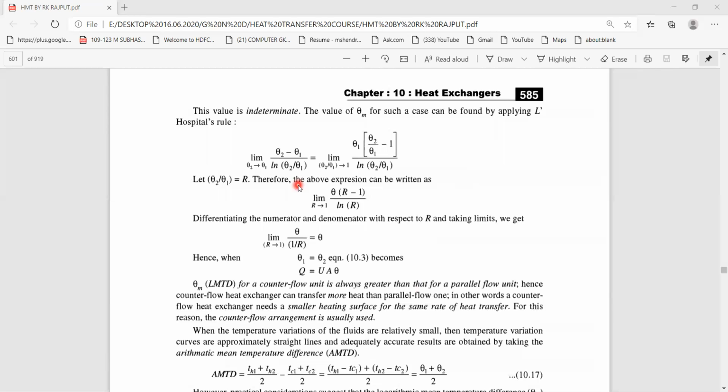You have to use L'Hospital's rule. For that, take the limit as theta 2 tends to theta 1 of theta 2 minus theta 1 divided by ln of theta 2 by theta 1. Now theta 2 by theta 1 tends to 1. Take theta 1 outside the bracket, and you will get theta 2 by theta 1 minus 1 as it is.